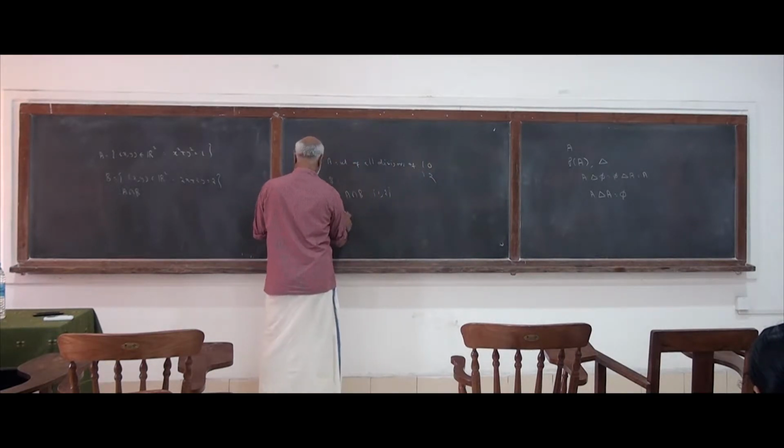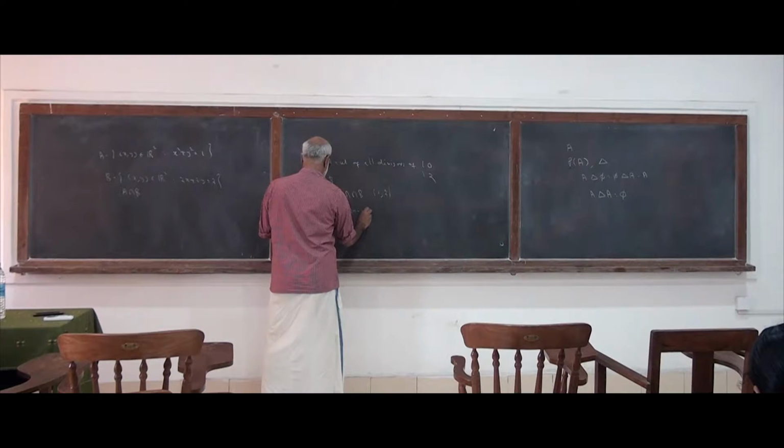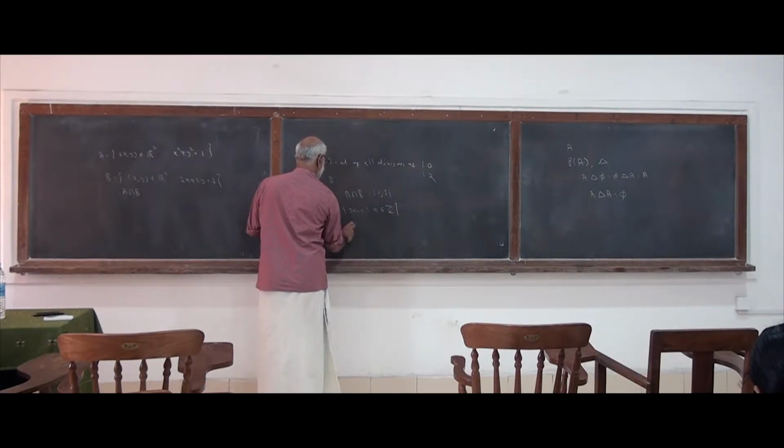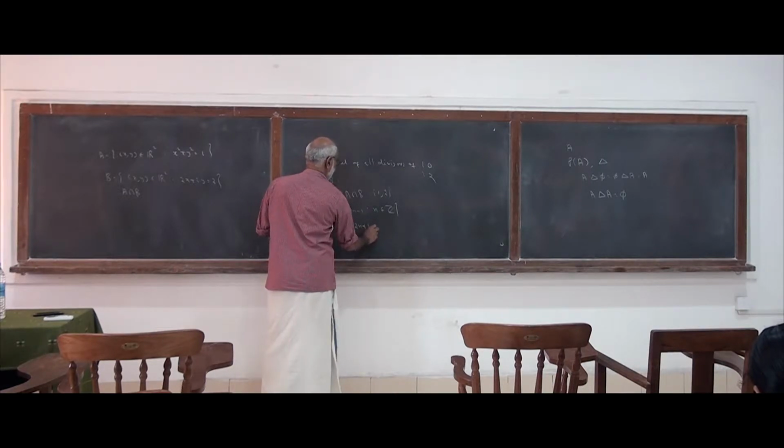Suppose A is the set of all 2n minus 1 where n is an integer, and suppose that B is the set of all 2n plus 1 where n is an integer.